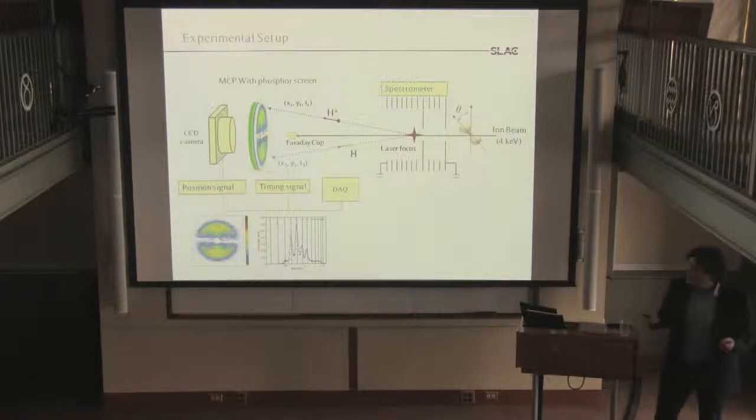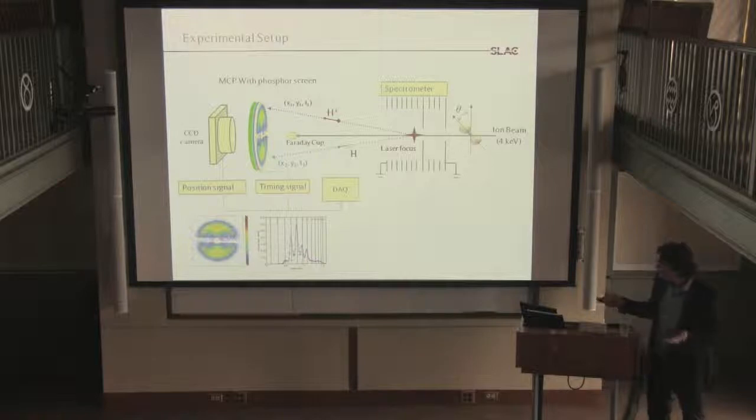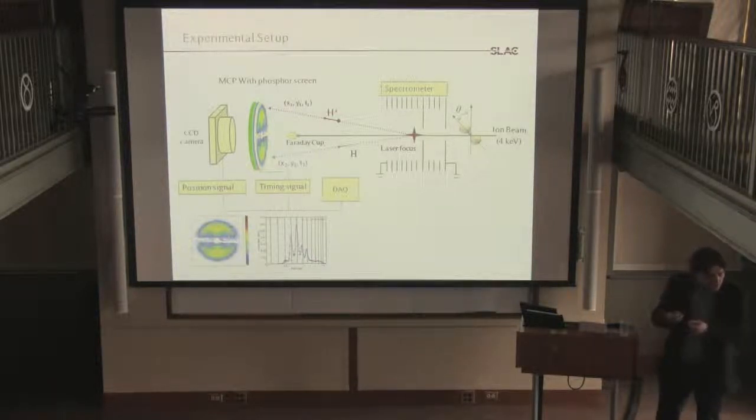And we can measure in coincidence both the charged and the neutral fragments on an MCP. And we detect both the time of flight and the angular distribution, such that together in coincidence, we can trace back the entire momentum information of each dissociation event.